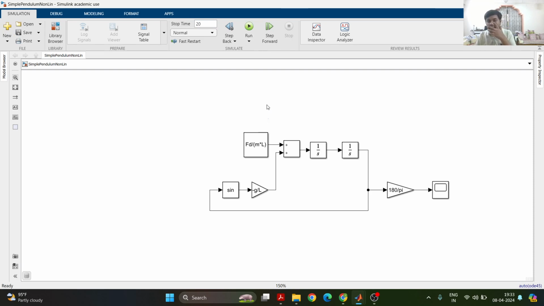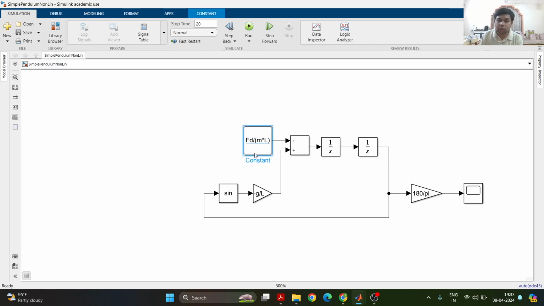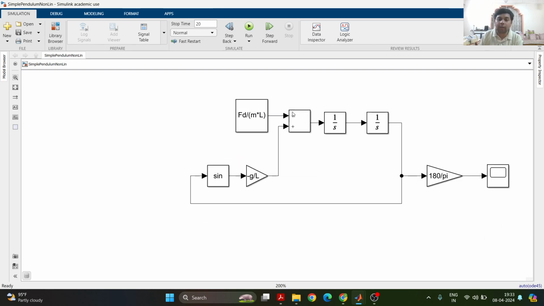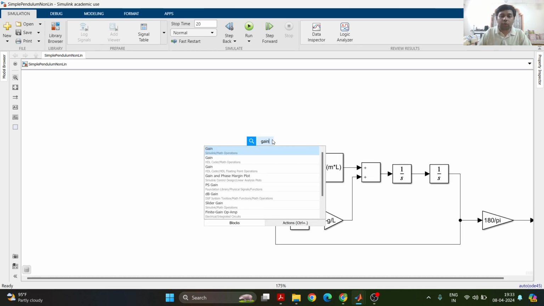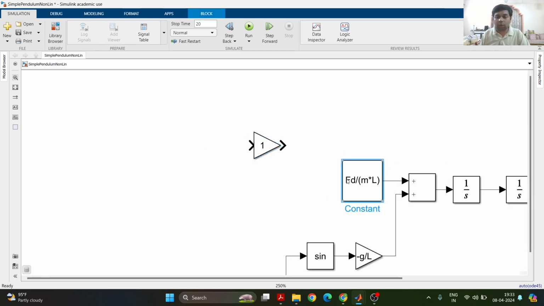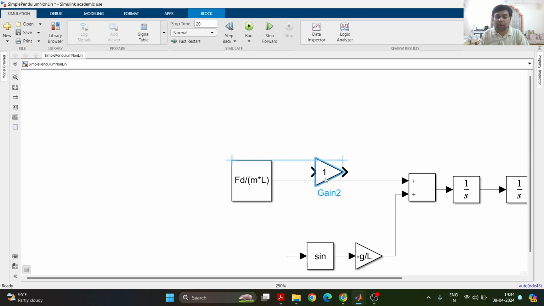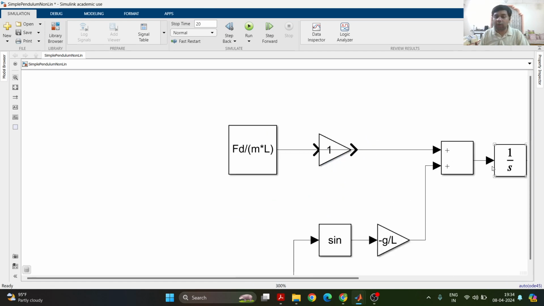Now in addition, we have used Fd by mL, but we are missing some more terms, so it should be minus Fd by mL.